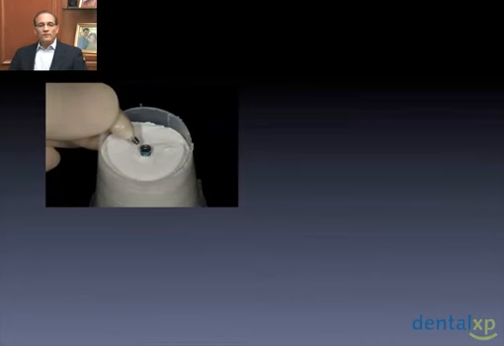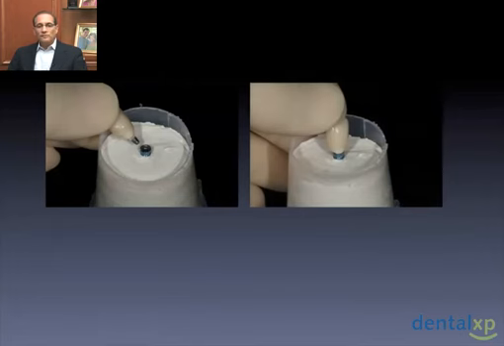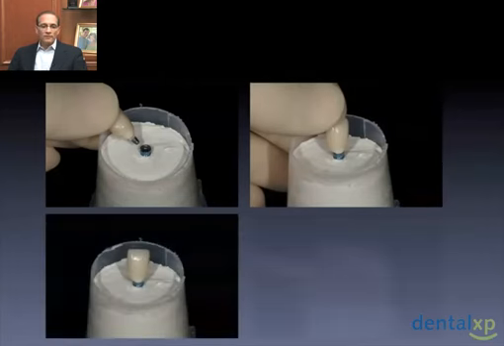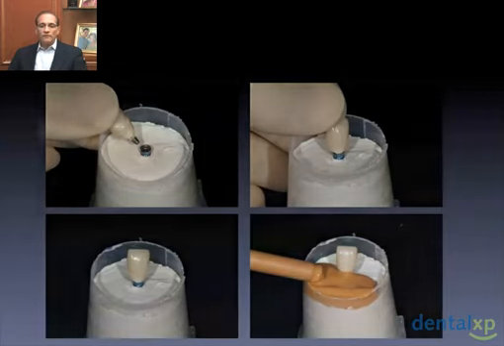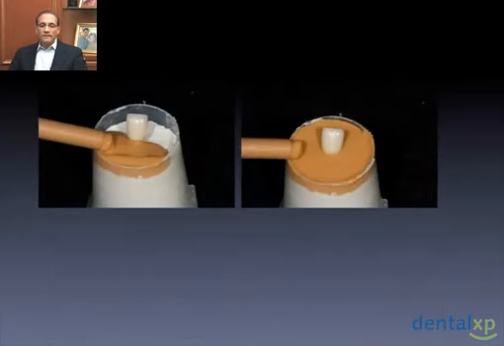And the way we do that is we take our provisional, we go ahead and preset a lab analog for the implant in a stone model. We take our provisional and we go ahead and place it on the model, and once on the model, we go ahead and flow some impression material around the gingival third and let it set.